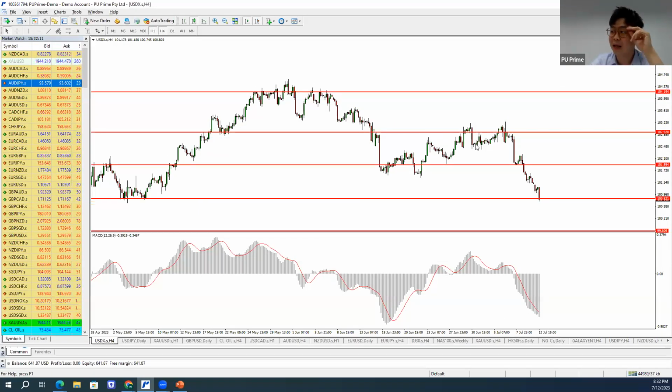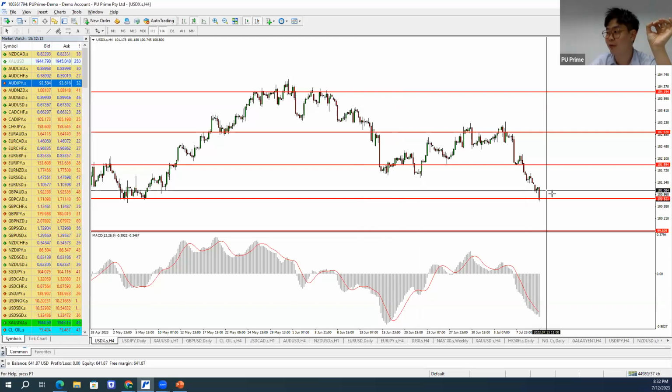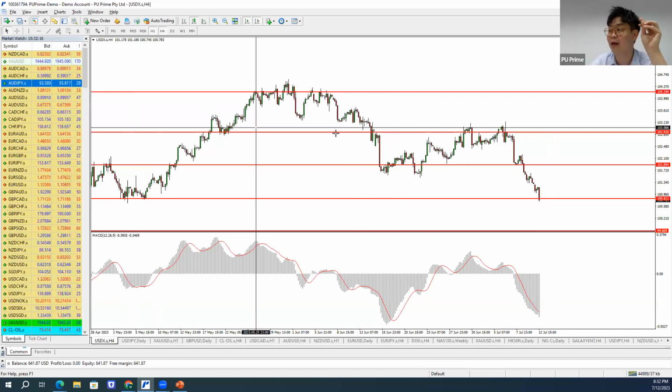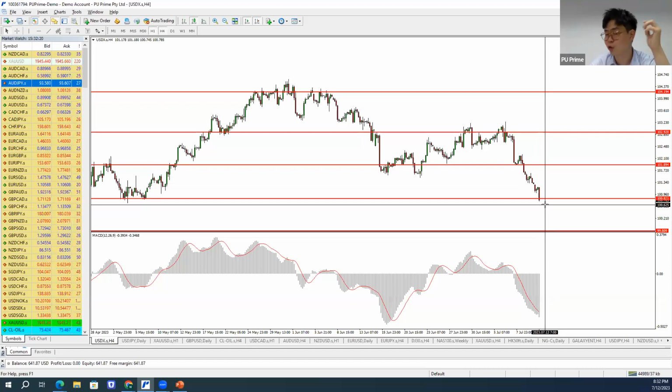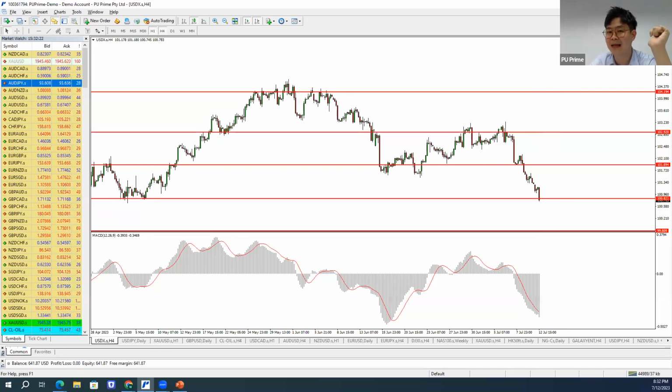Okay, but overall trend, whether the dollar is going to rebound, this is the dollar, it's not the gold trend. You can notice it. Whether the dollar is going to rebound or continue to drop will highly depend on this support level, 100.80. Why do we say so? Because if you look at the previous trend, you can notice that currently you are testing a very strong support level.